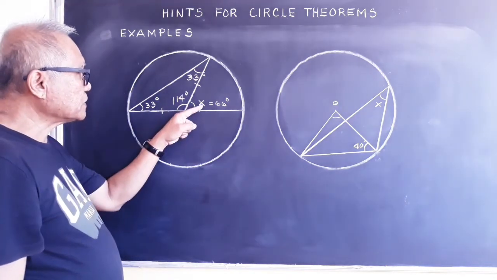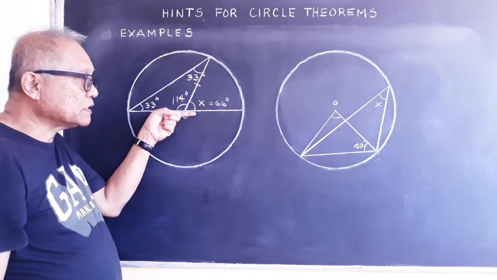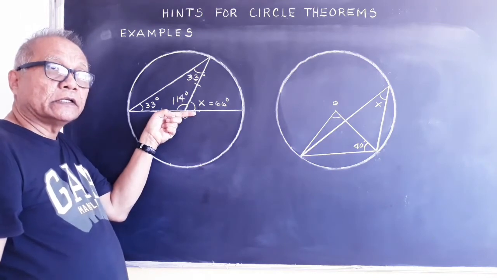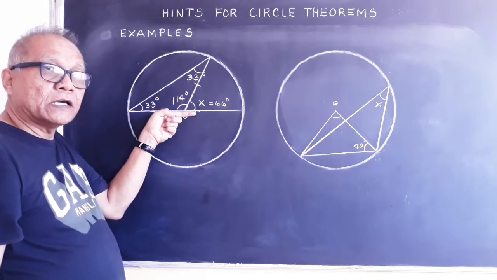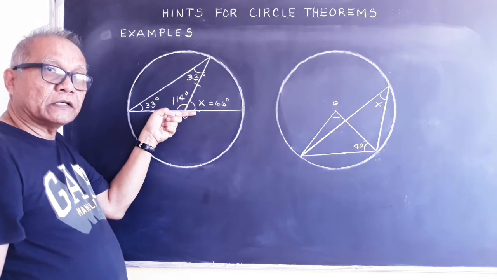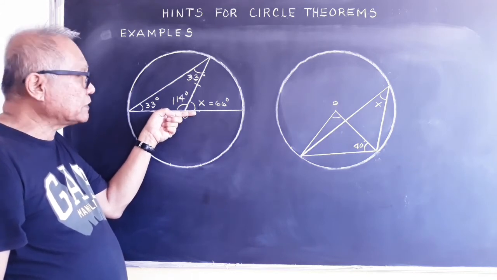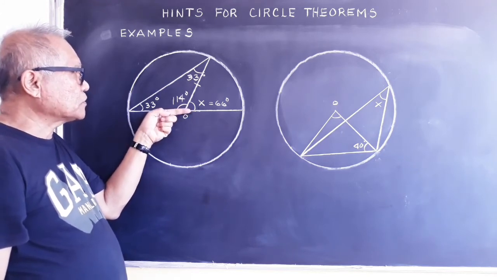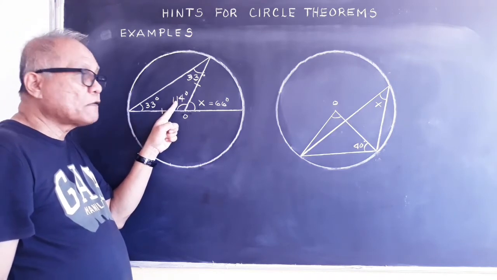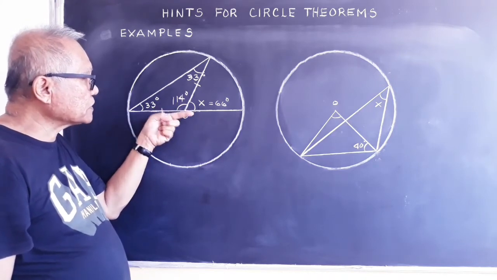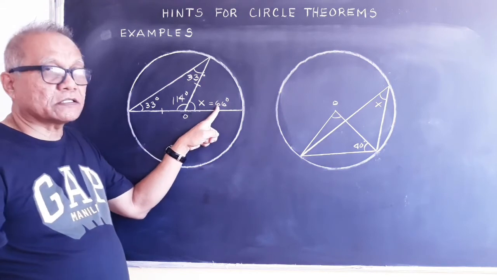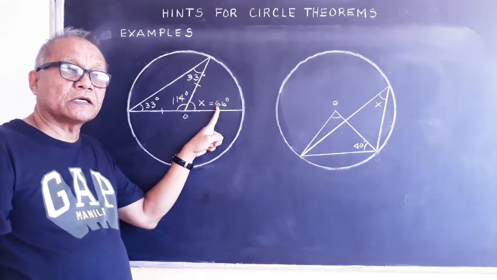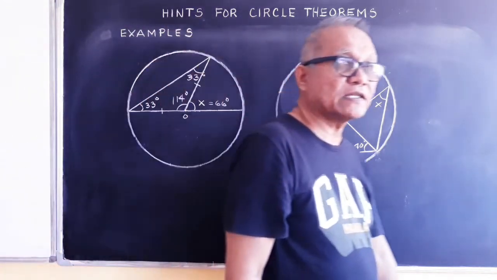Now to get the x here, we know that this one is a straight line. And if we have a straight line, the measure of the angles there is equal to 180 degrees. So we just subtract 114 degrees from 180 degrees, and that will give us this 66 degrees. Okay, now let's set the second example here.